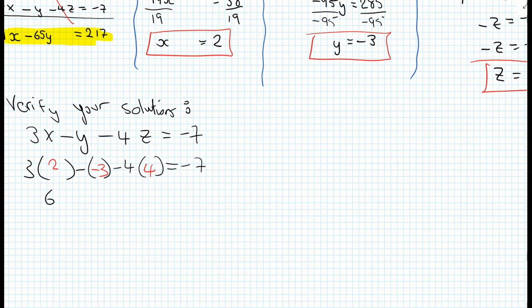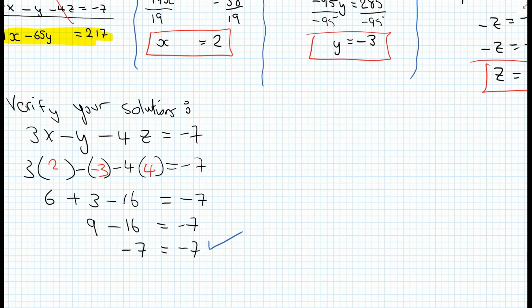3 2's are 6, minus minus becomes a +3, minus 4 by +4 is giving me -16, and I'm trying to verify that that's equal to -7. 6 plus 3 is 9, minus 16 is equal to -7, so we have one of them verified.